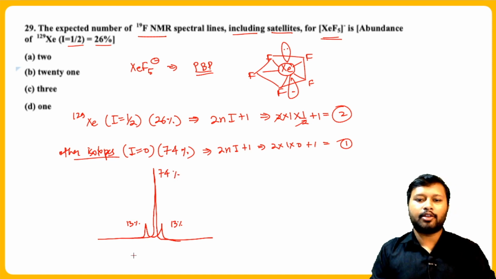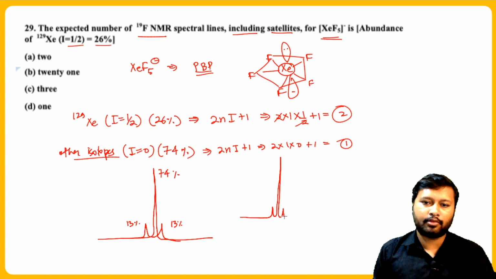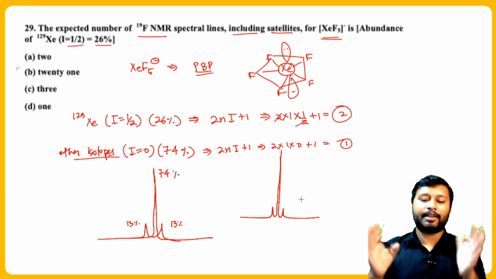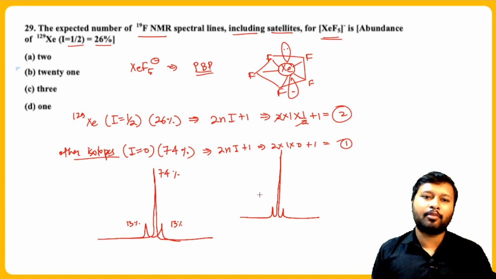So this is how the overall spectrum will look. Actually, to be very frank, let me draw a more accurate one. The more accurate spectrum looks something like this: the 74% major peak is much larger, with satellite peaks of 13% each. So overall, we have got 3 peaks in the molecule.